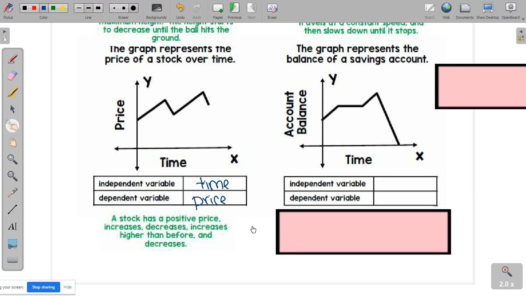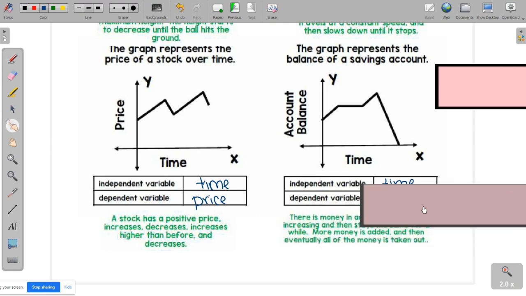Let's check the last one. The graph represents the balance of a savings account. So our independent, you guessed it, is time. Your dependent is your balance of your account. Your balance is always going to depend on the time.